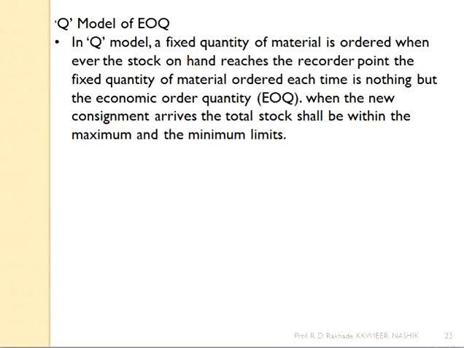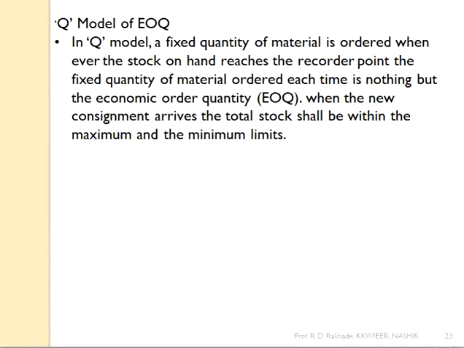Regarding the Q model of EOQ, in the Q model a fixed quantity of material is ordered whenever the stock on hand reaches the reorder point, the fixed quantity of order. Or in simple words, what is the difference between the Q model and the P model?